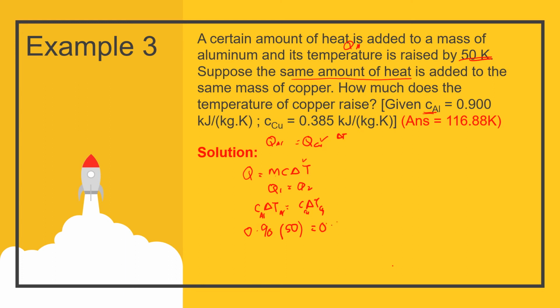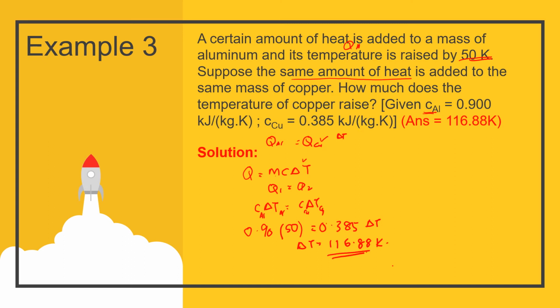Kat sini 0.385 delta T. So, you akan dapat delta T is equal to 50 darab dengan 0.9 dan bahagi dengan 0.385. So, you akan dapat nilainya adalah 116.88 Kelvin. Okay? That is very easy.